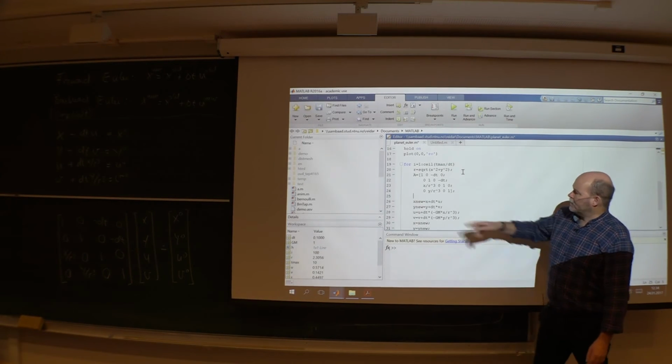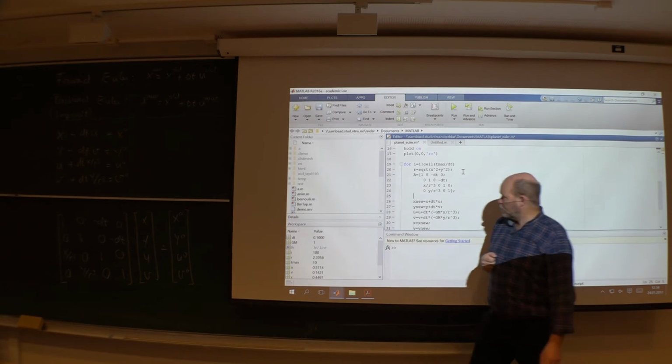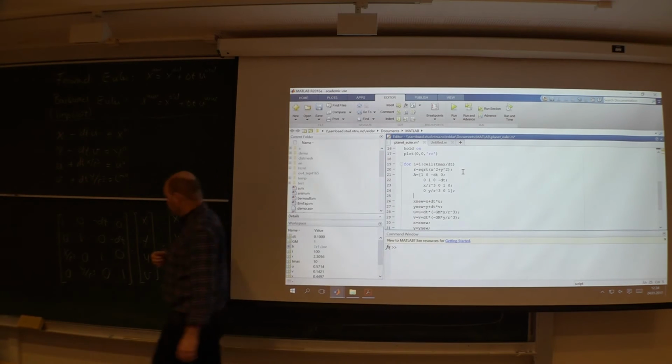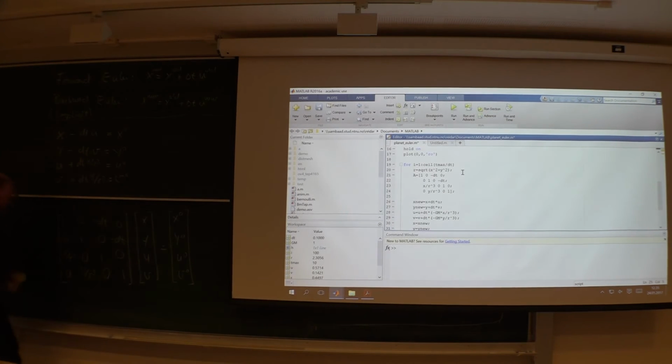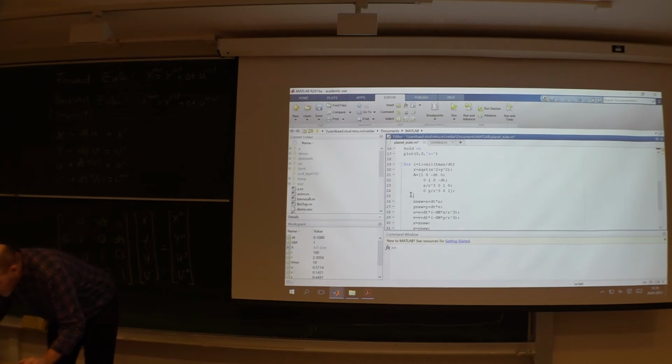So, no, sorry, it's not x and y here. That's not correct, is it? Why didn't you tell me? It's multiplied with x already. And y. So it has to be 1 and 1. That's much better. Still, it is not constant.